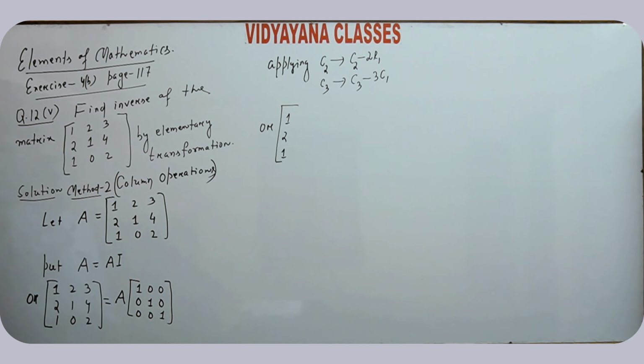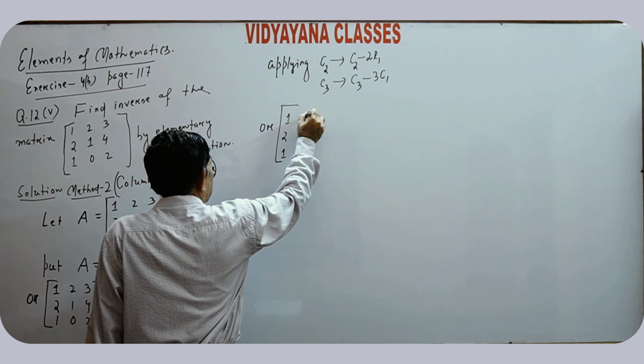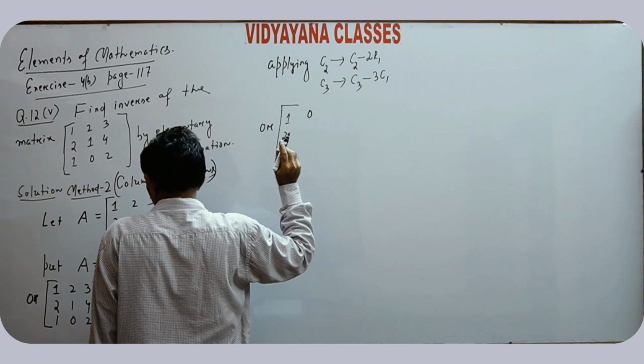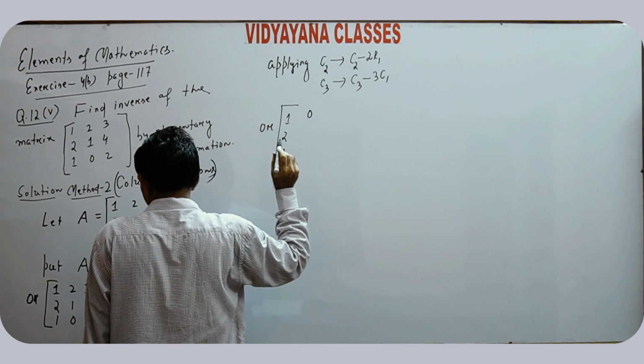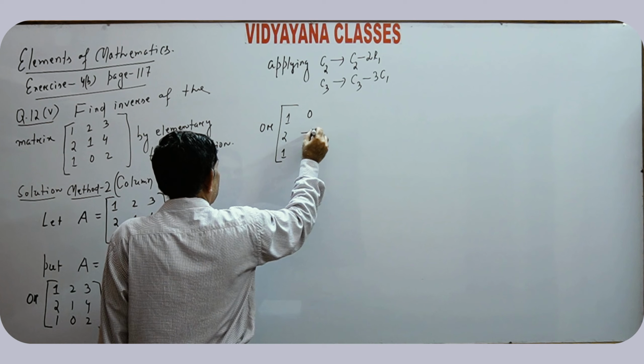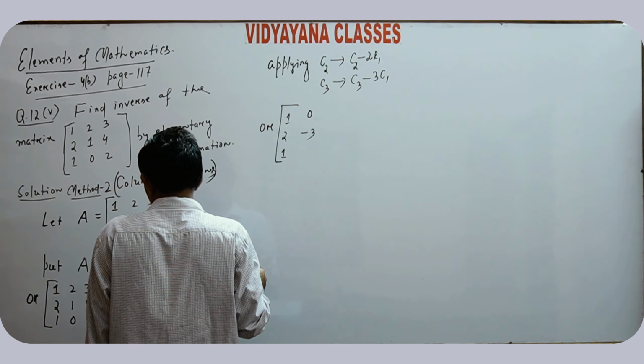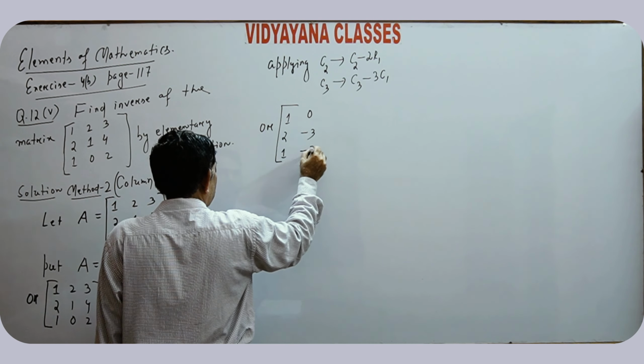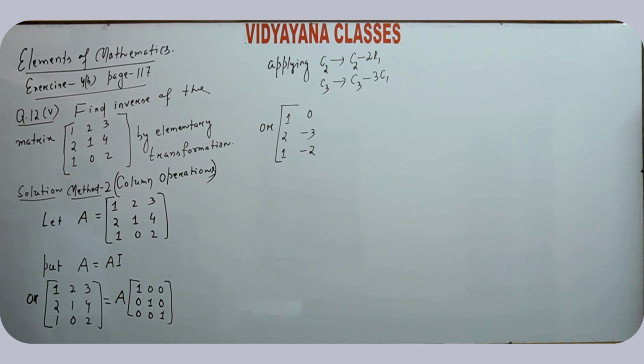Column 2: 2 minus 2 times 1 is equal to 0. 1 minus 2 times 2 is equal to minus 3. 0 minus 2 times 1 is equal to minus 2.